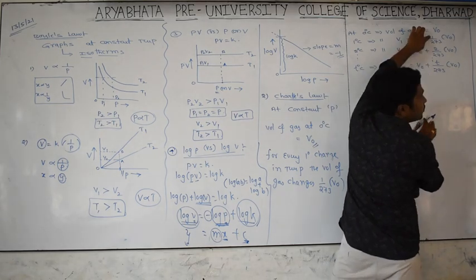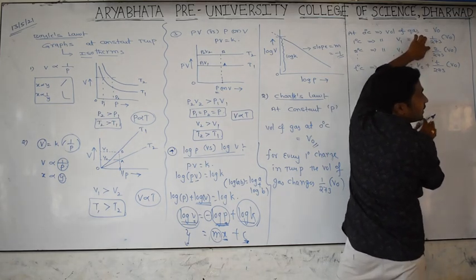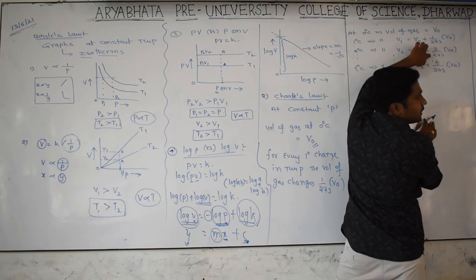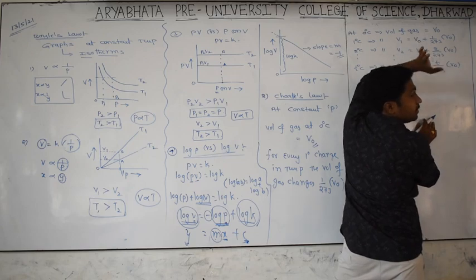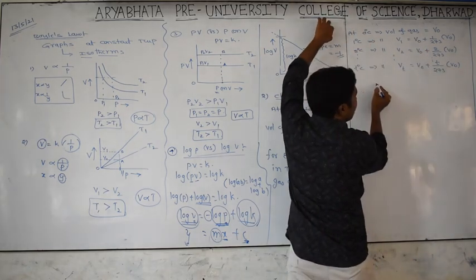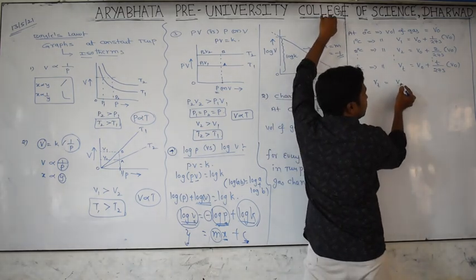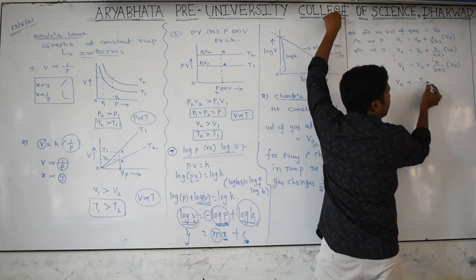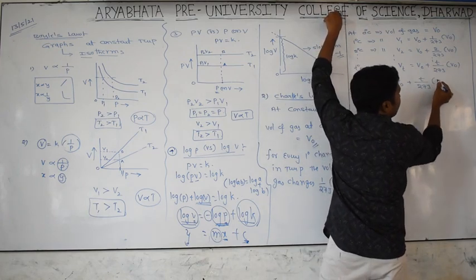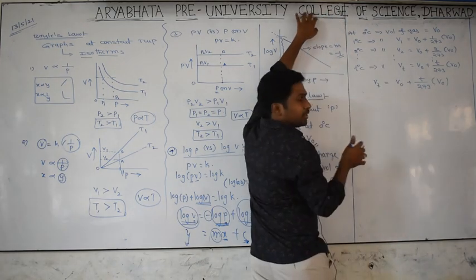For 1 degree, 1/273, 2 degrees, 2/273, 3 degrees, 3/273, for t degrees, t/273. Then write down Vt, the volume of a gas at temperature t, equals V0 plus t/273 of V0.